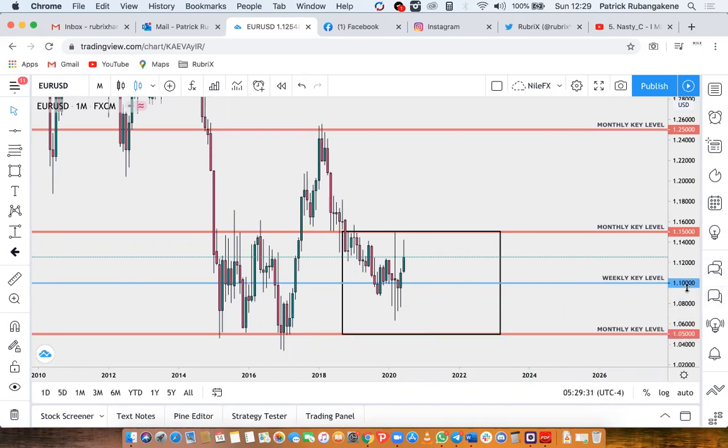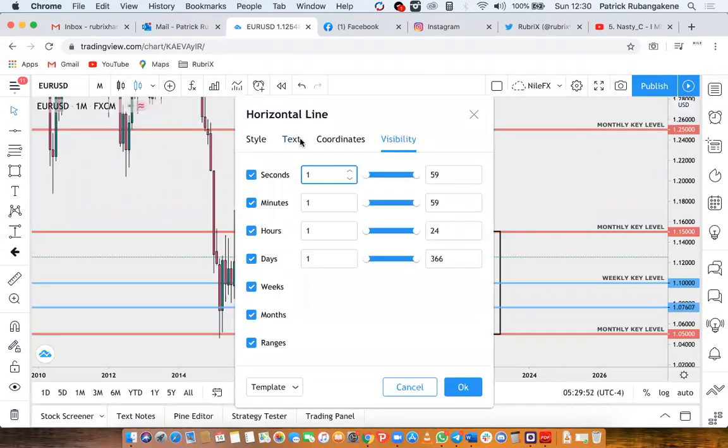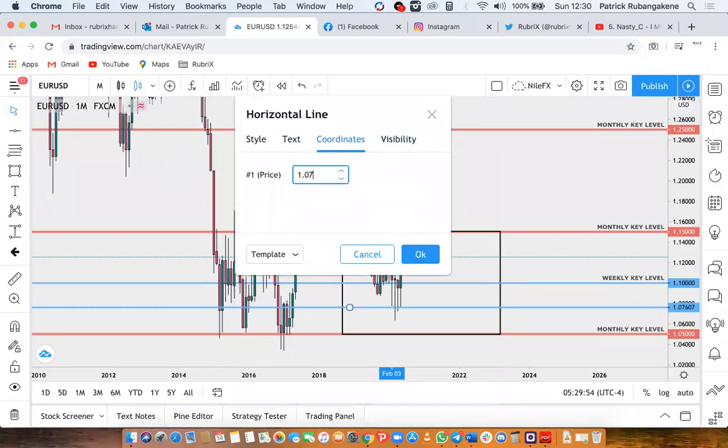So you can add these and get the average, which in this case is 1.1 plus 1.05. You get 2.15, divided by 2, you get 1.075. So when I drop my tool here and edit my price to 1.075, I'm supposed to get a daily level.